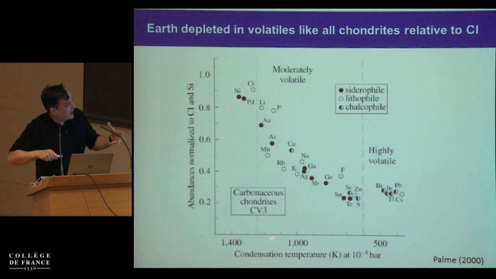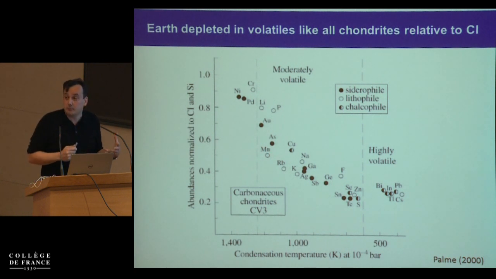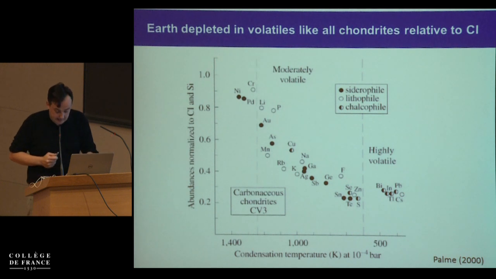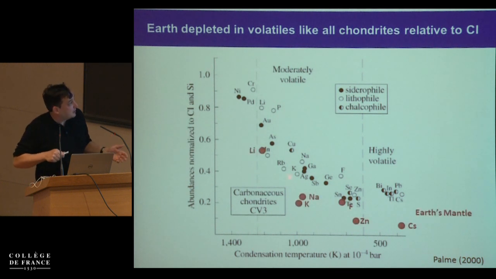Right? So as we go to elements which condense at lower and lower temperatures from the solar nebula, there's an increasing depletion in any chondrites relative to C1. And if we look at the Earth, and we just look at the lithophile elements that probably haven't gone into the core, we see that the Earth looks very much like a chondritic meteorite, not C1, because it has these depletions in volatile elements.